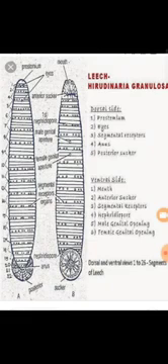Bilaterally symmetrical means the parts are arranged in pairs. Coelomate means the body has a coelom, and triploblastic means it has three layers. Metamerically segmented means the body is divided into various segments.